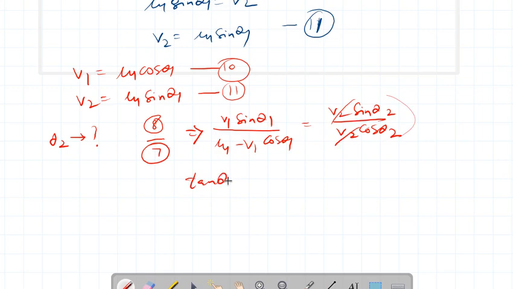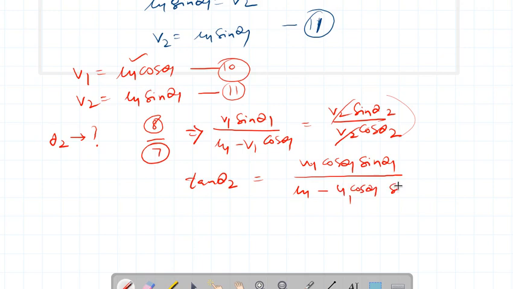So tangent theta 2 is equal to, it is V1 sin theta 1 over U1 minus V1 cos theta 1. If in place of V1 I put its value, it will become U1 cos of theta 1 into sin of theta 1, divided by U1 minus U1 cos of theta 1 and cos of theta 1, right? That's what I am getting.